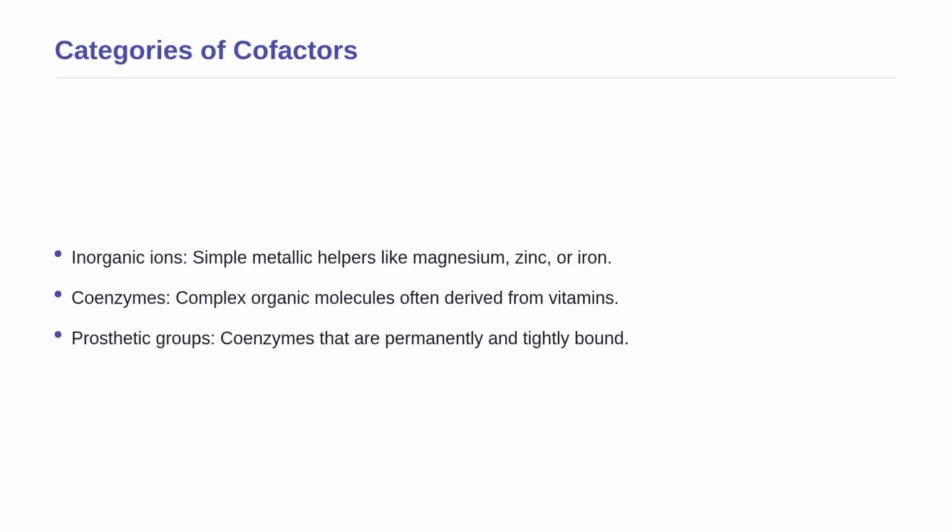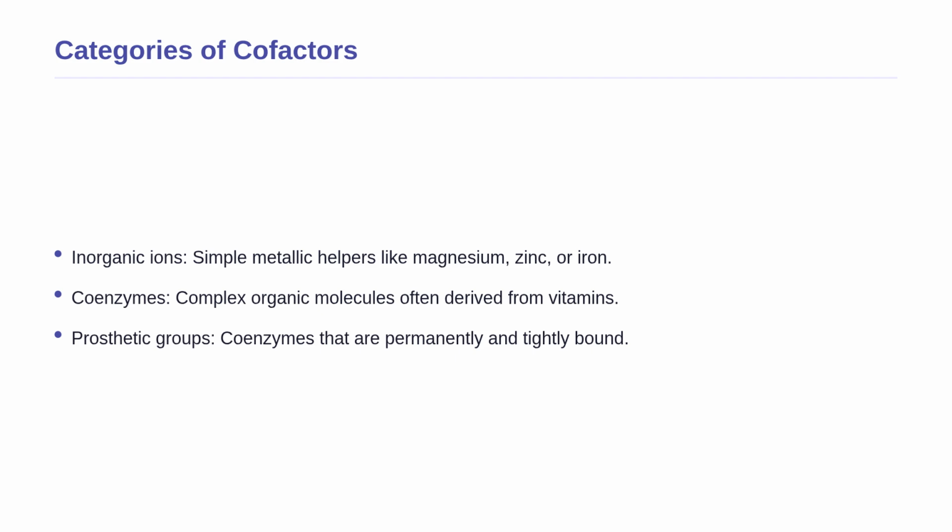Building on the idea of the holoenzyme, it is important to know that not all biological batteries are the same. Cofactors generally fall into two main categories. First, we have inorganic ions, which are simple metals like magnesium, zinc, or iron. Second, we have complex organic molecules called coenzymes.